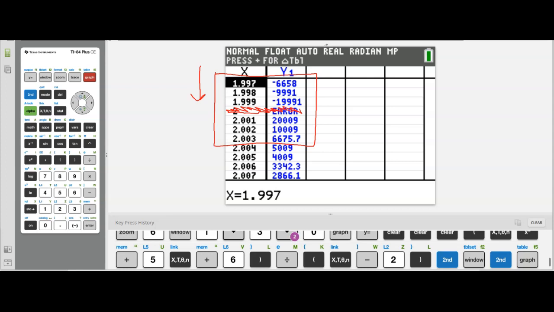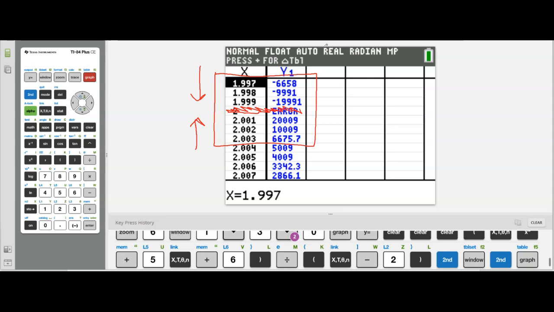So think about what those numbers are approaching. Are they increasing? Are they decreasing? Are they getting closer to a specific number? And then as we get closer to 2 from the positive side, again, we go from about 6,600 to 10,000 to 20,000.